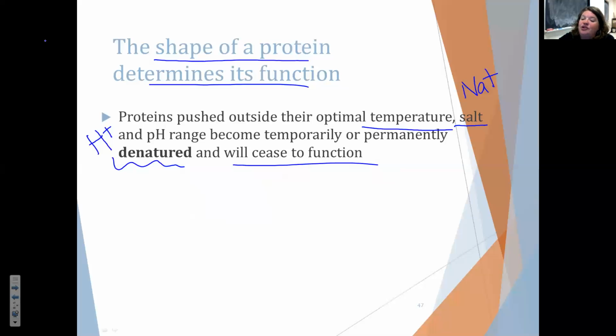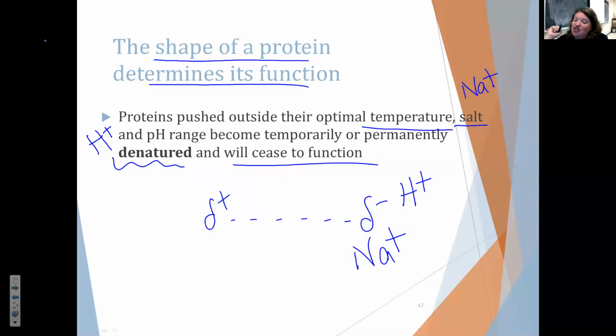Because hydrogen bonds are those interactions between something that's slightly positively charged and something that's slightly negatively charged, if we add salt or if we add too much acid, that's going to change this interaction as it creates basically those hydration spheres that we looked at when we first studied those types of bonds.